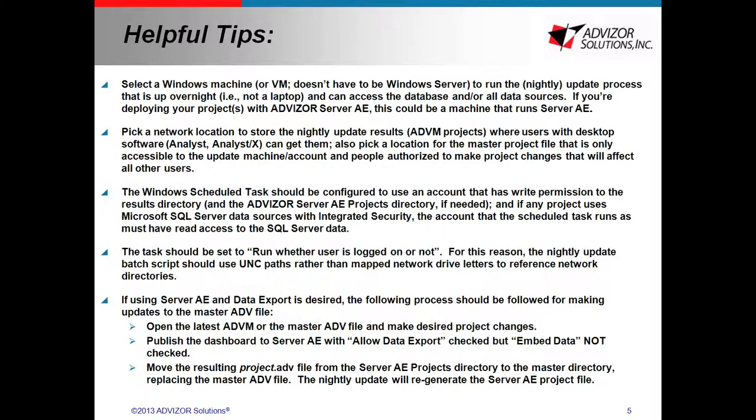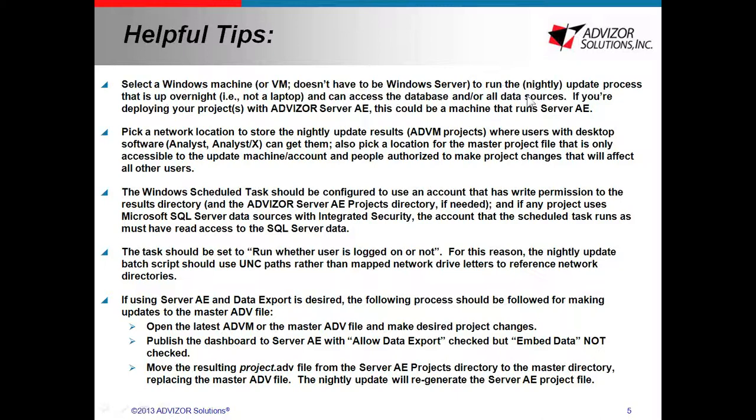A couple of helpful tips if you're going to do this. This is sort of school of hard knocks, so we've seen this where people don't think this through. You obviously want to select a Windows machine or a virtual machine. It doesn't have to be Windows Server. It runs the nightly update process, so it needs to be up overnight, not a laptop that could be closed down and shut. And it has to access the database and or all the data sources.